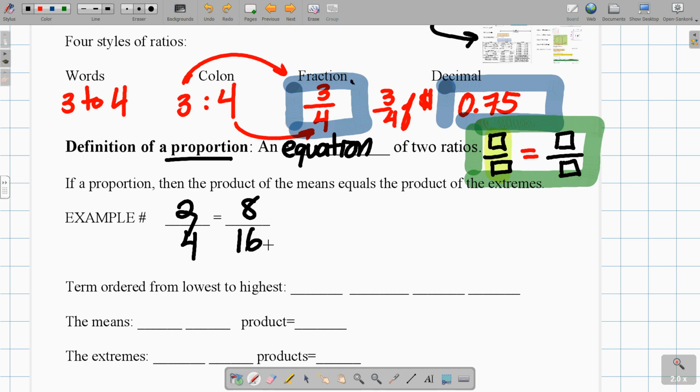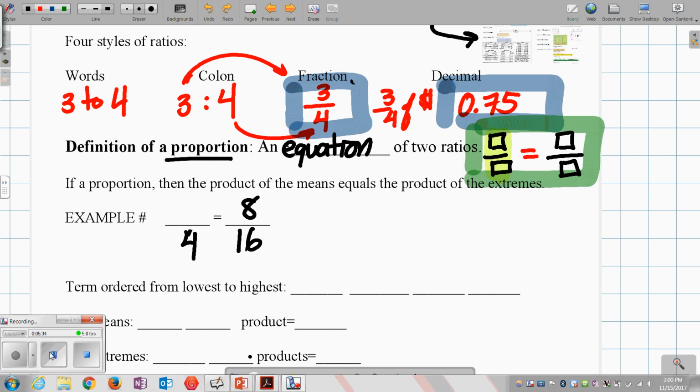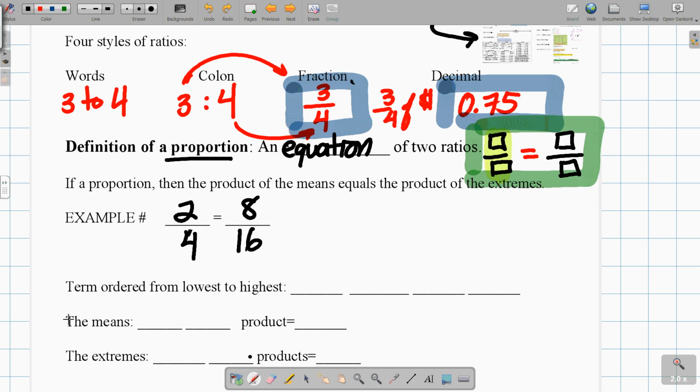Go ahead and write this proportion. It's a true proportion. 2 over 4 equals 8 over 16. So let's order these from least to greatest.